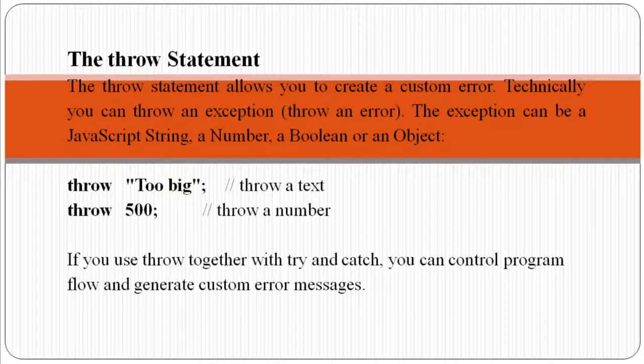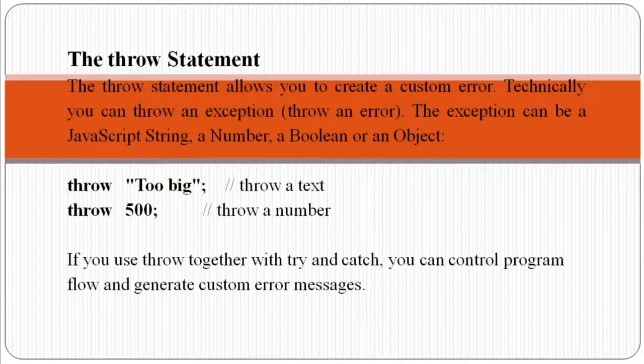The throw statement. What will the throw statement do? It allows you to create custom errors. If you observe this example, I have taken throw "too big" and throw 500. The first case is a string and the second case is a number.